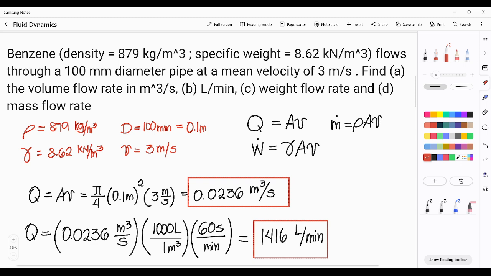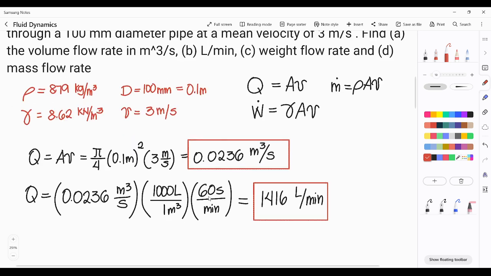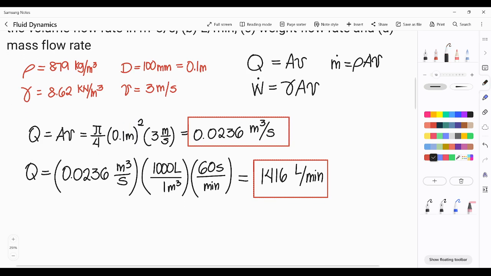Okay, now we will solve for the weight flow rate. Simply use the formula gamma times area times the flow velocity.